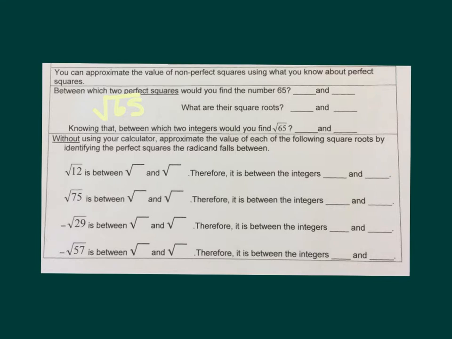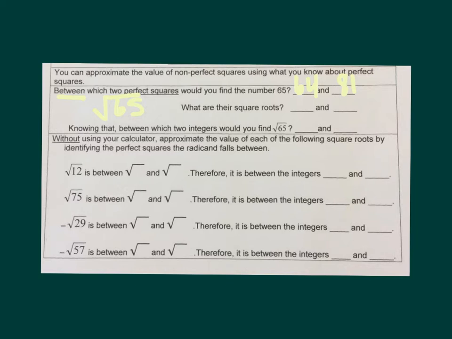And the way that you can do that is by looking at between which two perfect squares you would find the number 65. So if you look at the numbers above, you should see 1, 4, 9, 16, 25, 36, 49, and so on. The perfect squares that 65 falls between, you should see that it falls between 64 and 81.